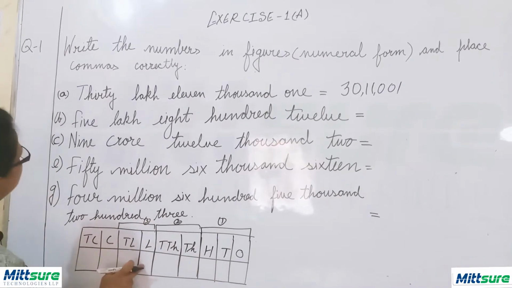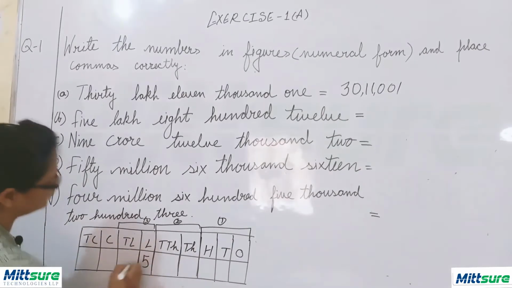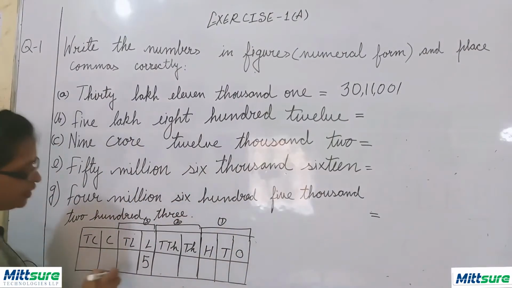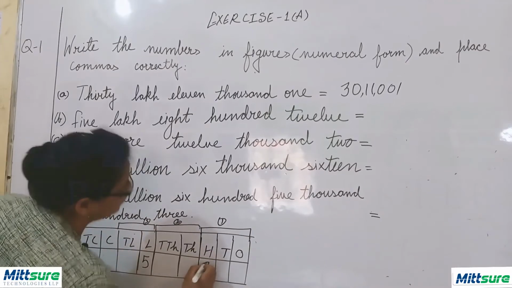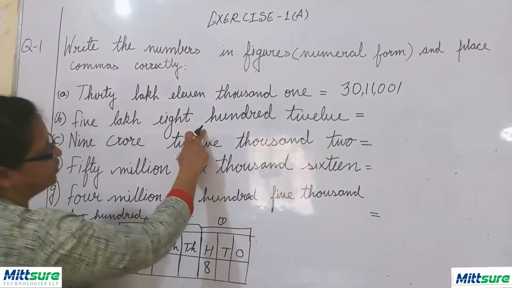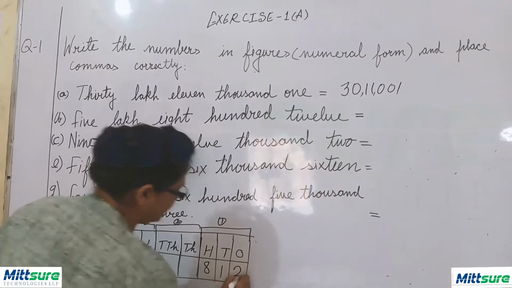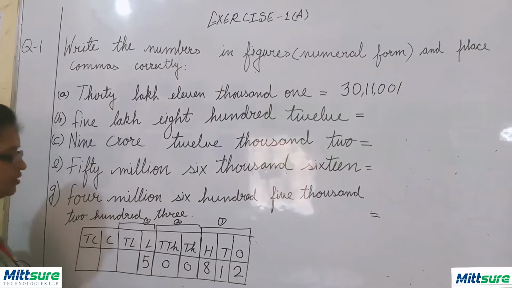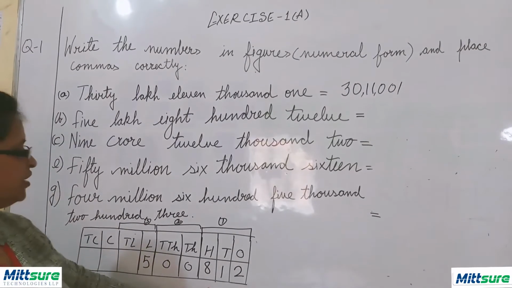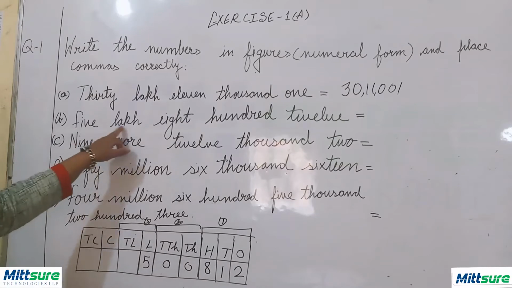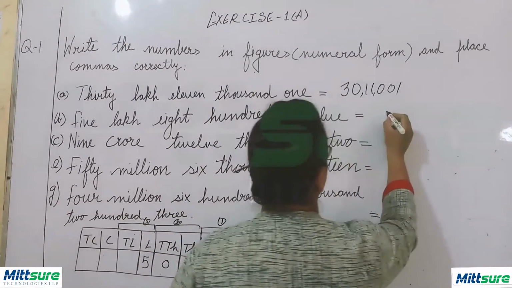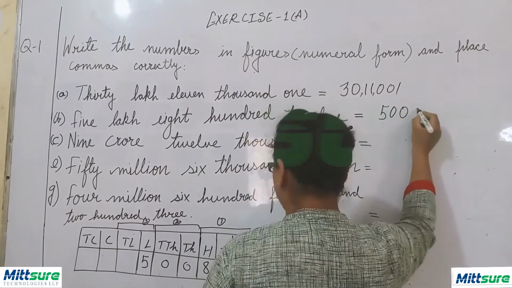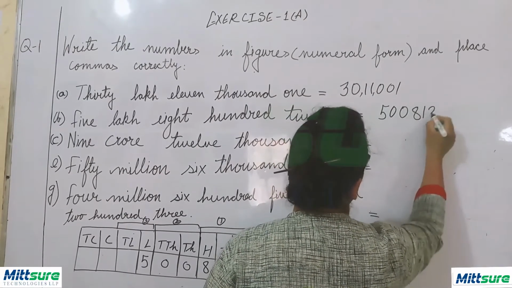Lakh's position is this, so we will write 5 under lakh and 800 and 12, that is 812. We see these two places are empty, so we will put 0 here. This is 5 lakh 812. We will write the same number here, 5 0 0 8 1 2.